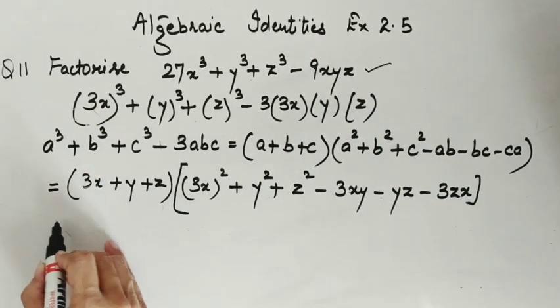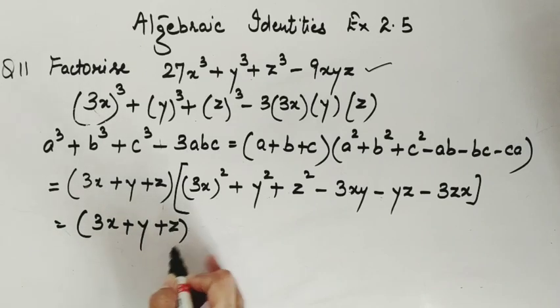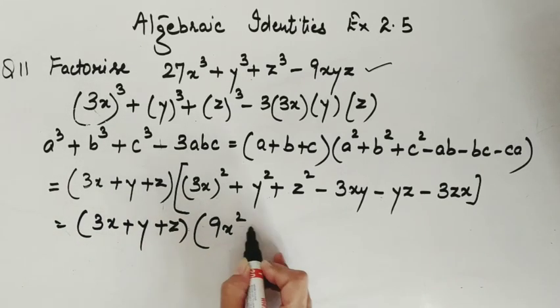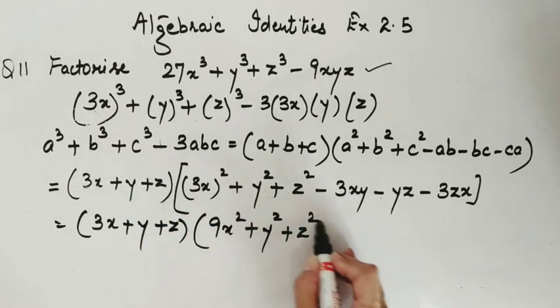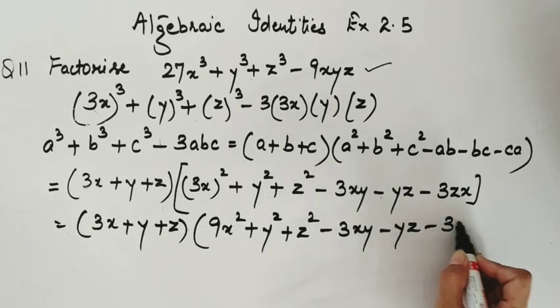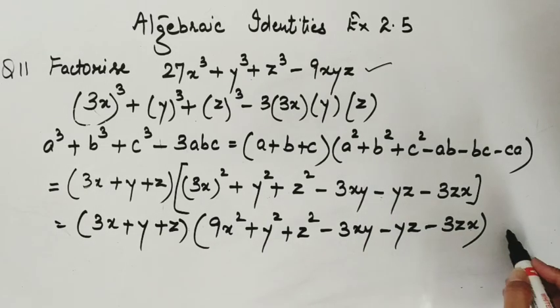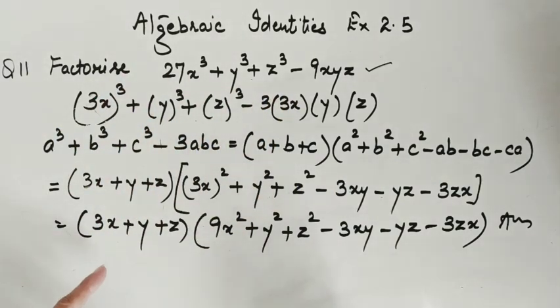And finally, the factors are 3x plus y plus z, 9x square plus y square plus z square minus 3xy minus yz minus 3zx. That's all. This is how this has been factorized. It means it has been put in factor form.